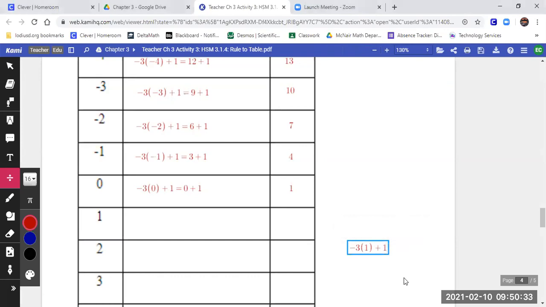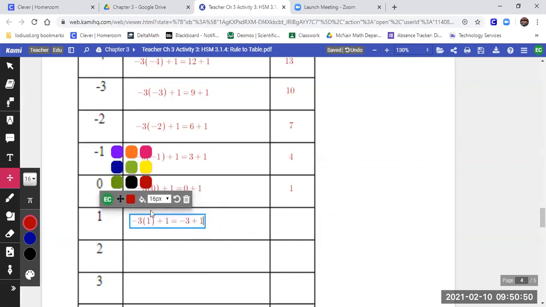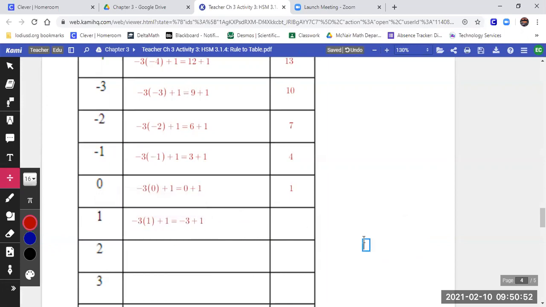Negative times a positive. What's the sign going to be? Negative. And then I do a 3 times 1. So negative 3 times 1 makes negative 3. Okay, then it says, according to the equation, I have to add 1 back to that. So what am I going to get? Negative 2.